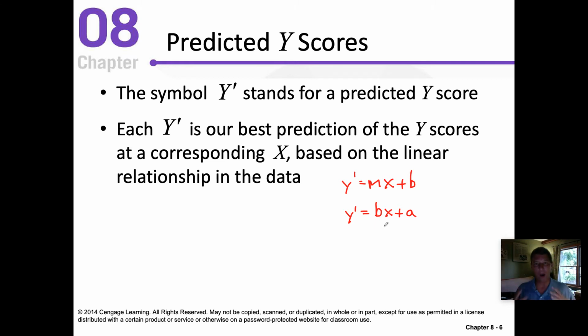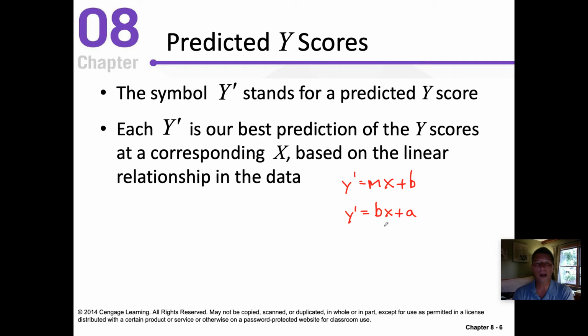But for the remainder of this chapter, b is going to represent the slope, not m. And a is going to represent the y-intercept value, in other words, the y-score when x is equal to 0. Keep that in mind as we go through.